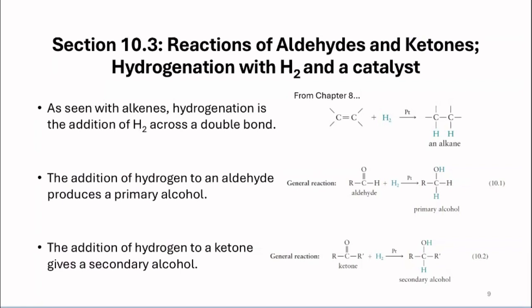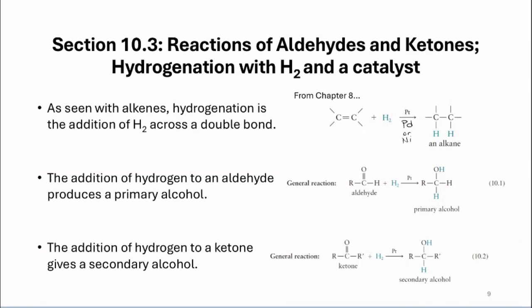Hydrogenation is a reaction that we learn in chapter 8. Specifically, in chapter 8, we learn that hydrogenation is when an alkene gets reacted with H2 in the presence of a catalyst that could be platinum, as you can see in the slide, palladium, or nickel.